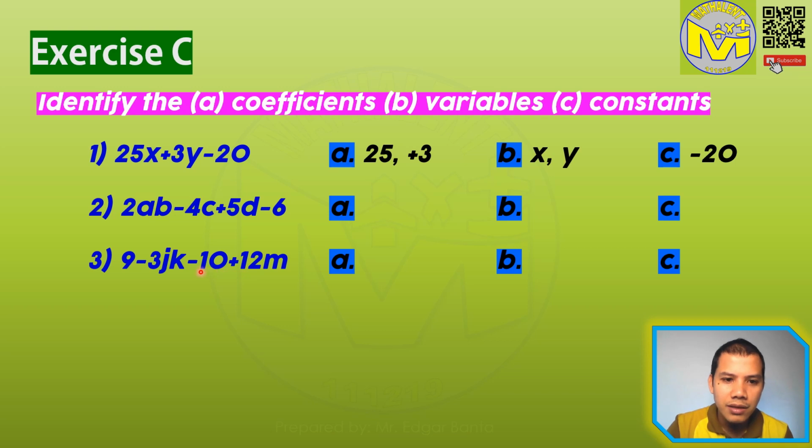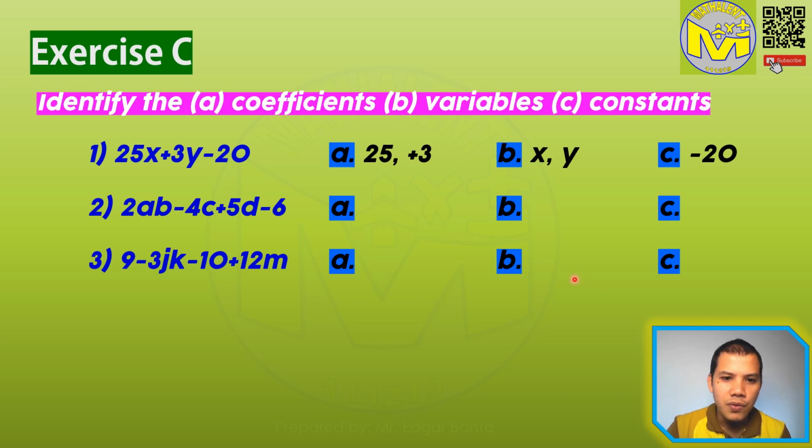Minus 10 is what? It belongs to the constants. And plus 12 is a coefficient of m. So put down here plus 12. And then m is in letter B.